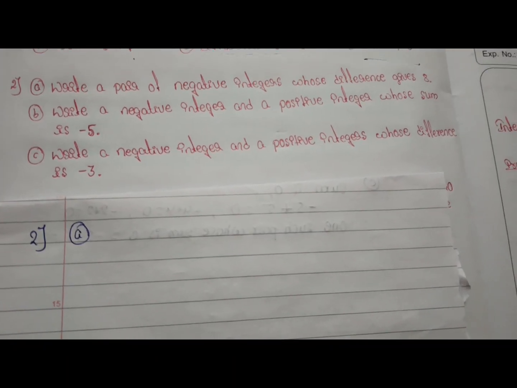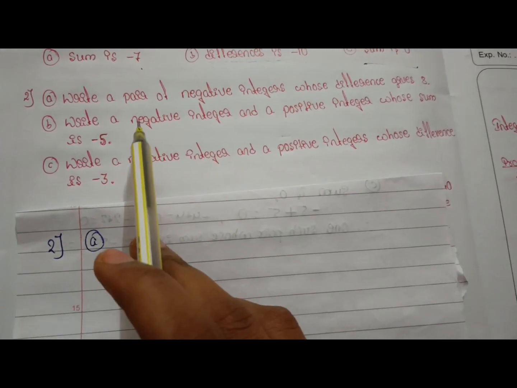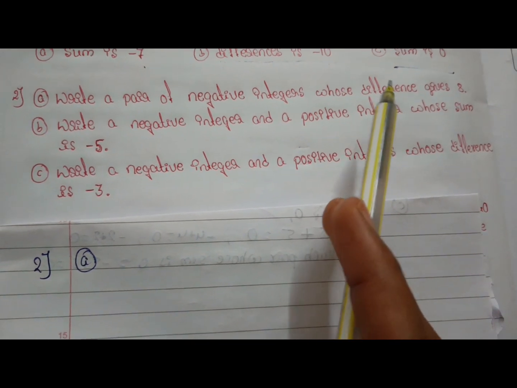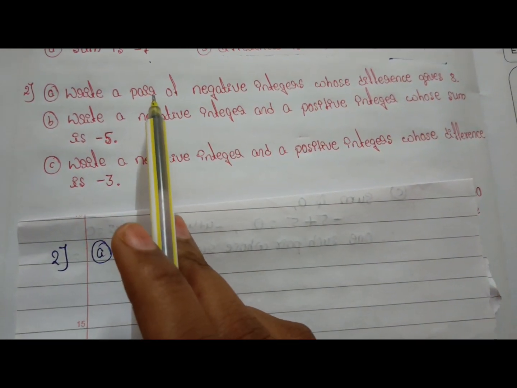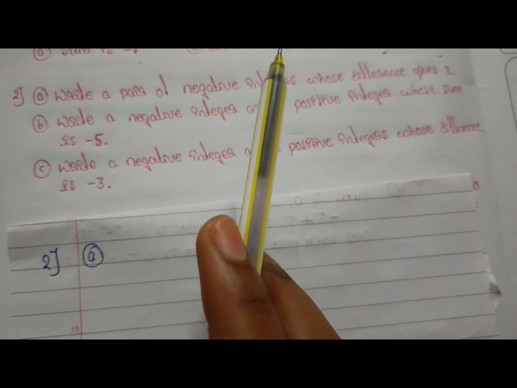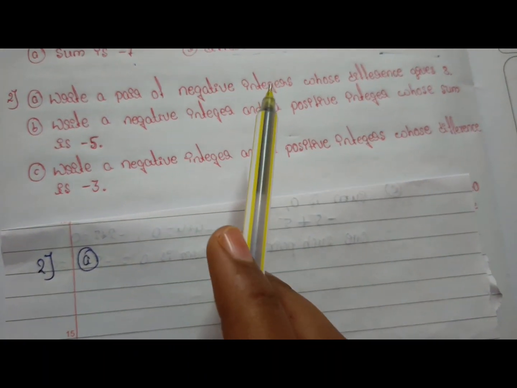Next, second question: write a pair of negative integers whose difference gives 8. So pair means two integers. You have to subtract two negative integers to get 8. What are those two integers?